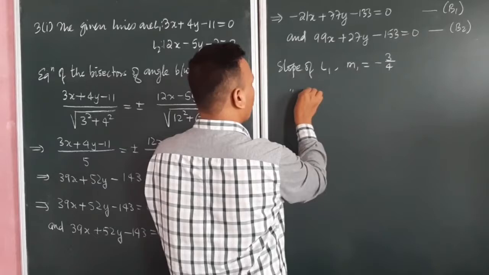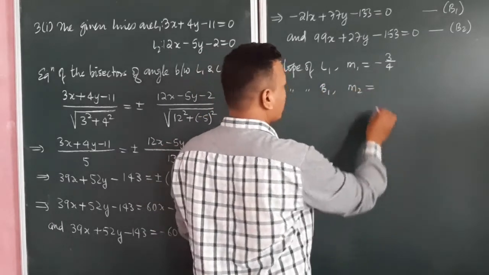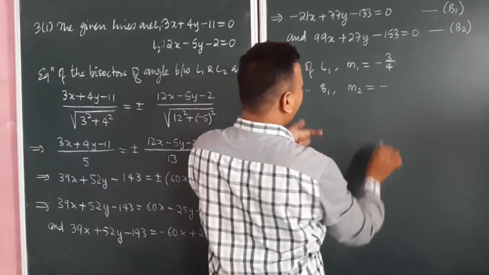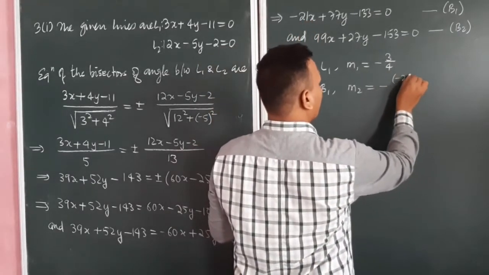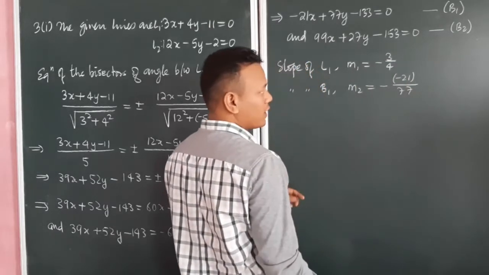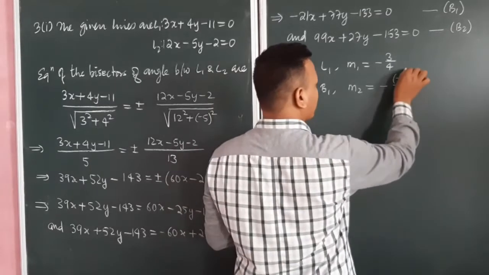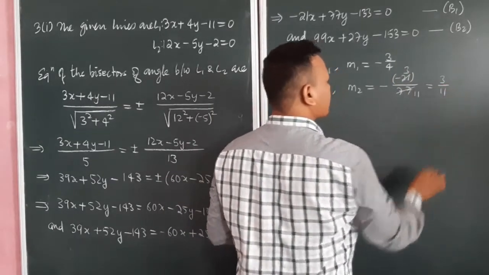Similarly, the slope of B1, which I call M2, is given by minus a by b. A is minus 21, b is 77. We can cancel with 7: 7 3s are 21, 7 11s are 77, so this is 3 by 11.